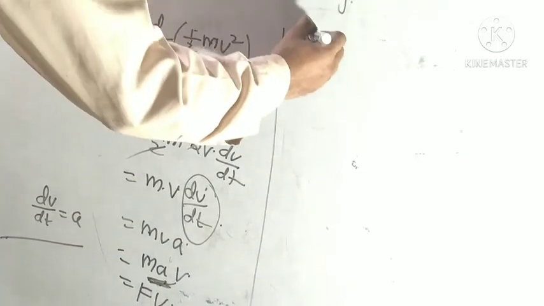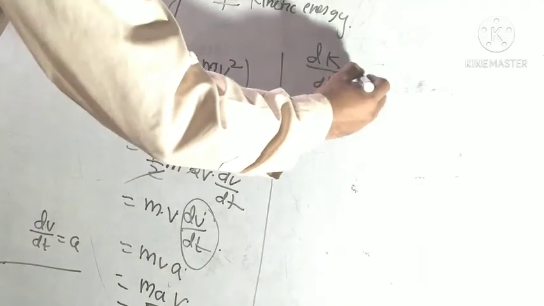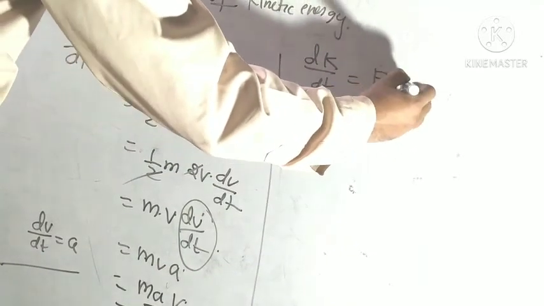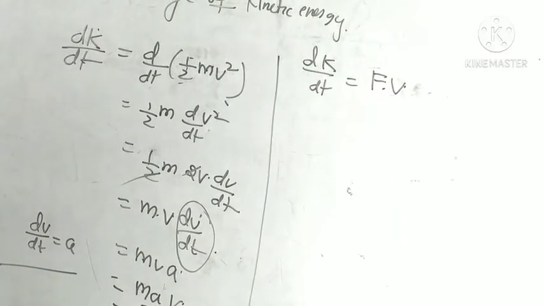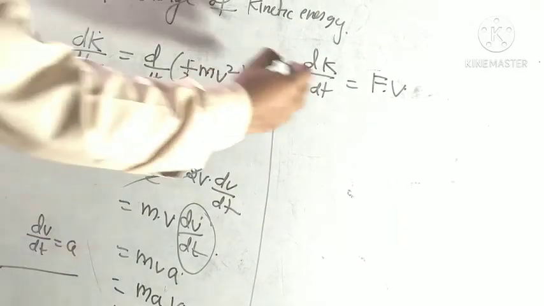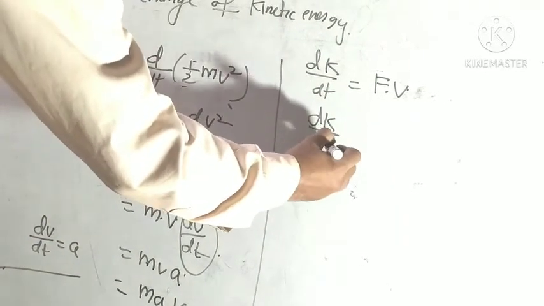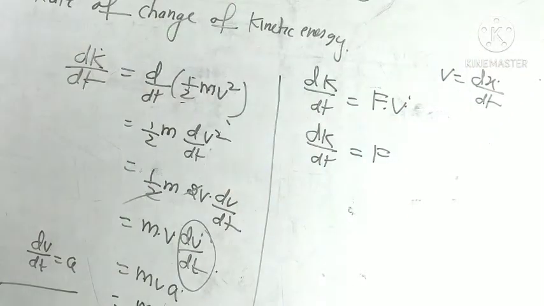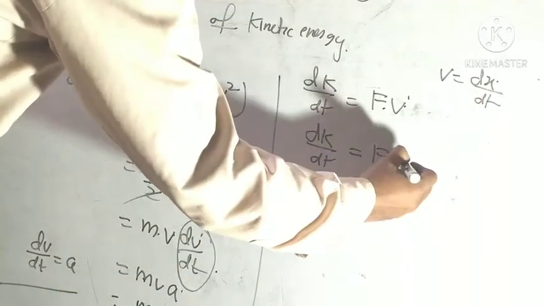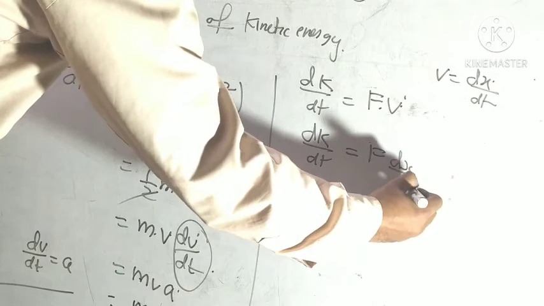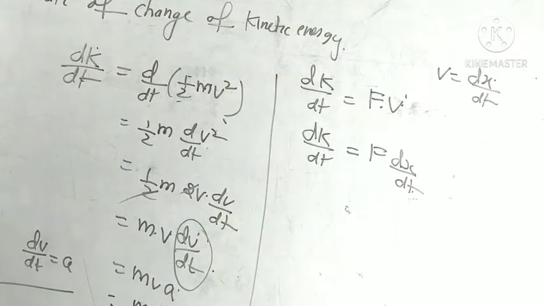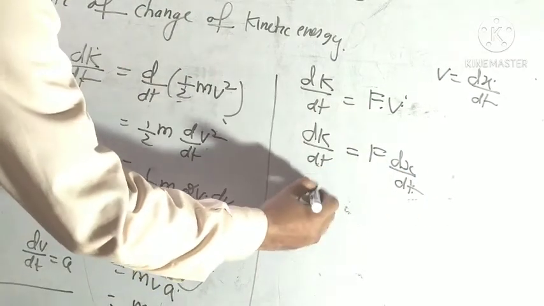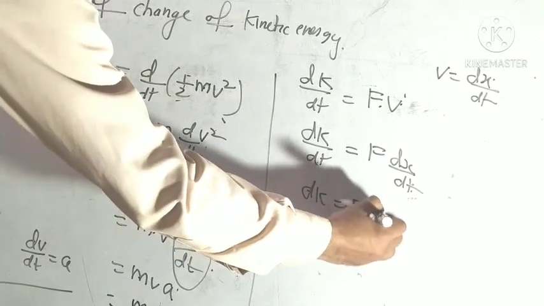Finally dK upon dt is equal to force into velocity. Now v is equal to dx upon dt, the rate of change of displacement with respect to time. So dt and dt cancel each other, and only dK is equal to F dx is left.